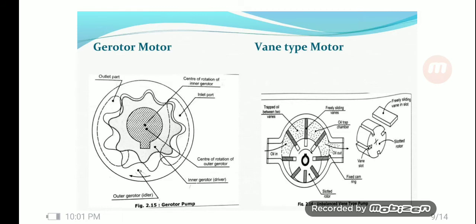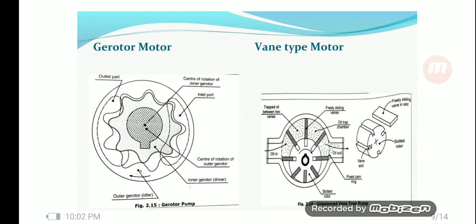The inner G rotor is connected to the shaft, which is rotated by the prime mover. When the G rotor moves, suction is created and the oil is trapped in the outer G rotor's gap. This gives high pressure, and it is given to the outlet.